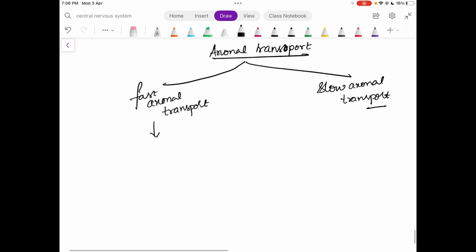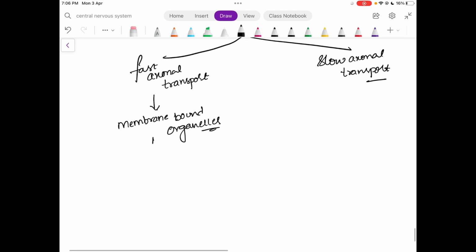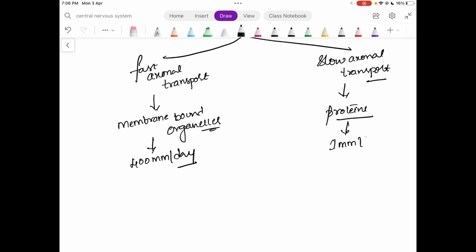Fast axonal transport is done for membrane bound organelles. These are transported through fast axonal transport. That is, they are transported at a rate of 400 millimeters per day. In slow axonal transport, proteins are transported. Soluble proteins are transported at the rate of 1 mm per day.